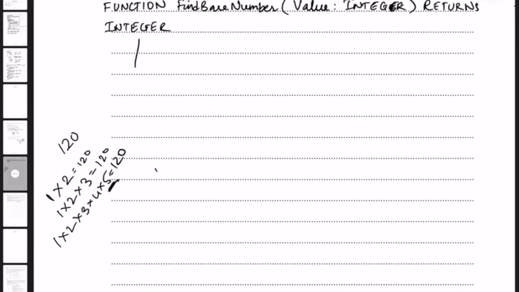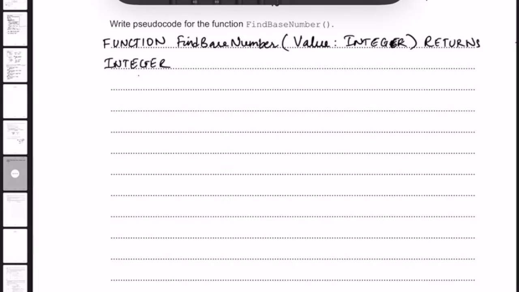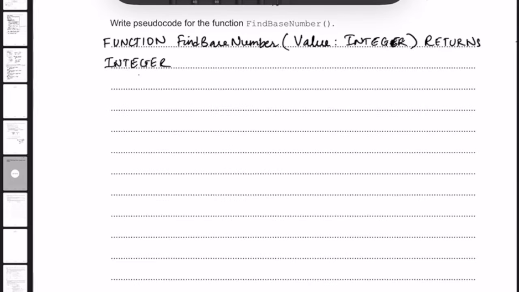So each time we add 1, it has to be a variable. We for sure need 2 variables, so I'll declare num and try both as integer.